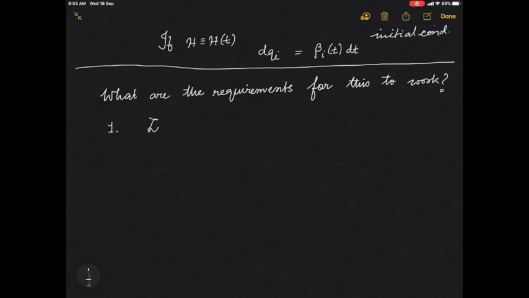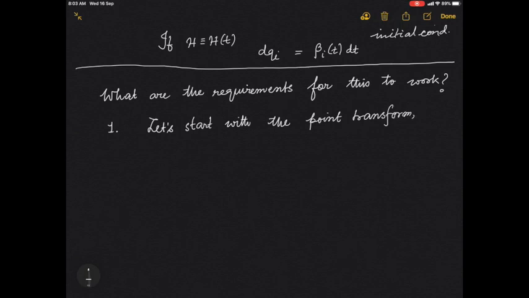What are the requirements for this to work? First of all, let's start with the point transformation itself, but now for the phase space.